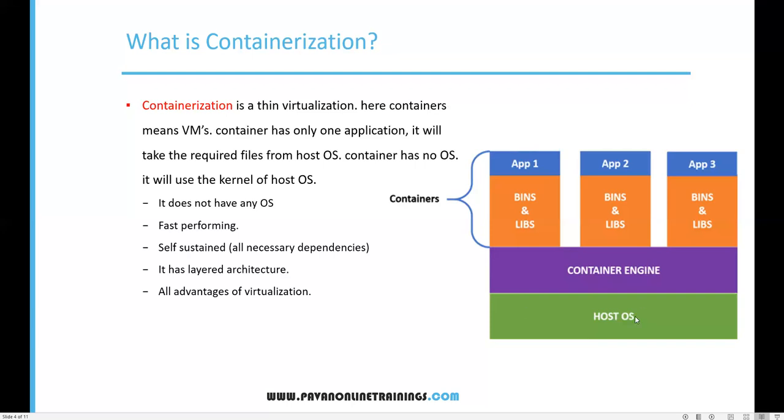A single OS will be there, and we can create any number of containers. Every container has its own configuration. The first container may have one operating system, another container a different operating system, and a third another operating system, with different browsers.